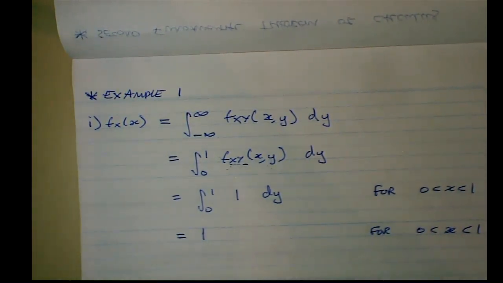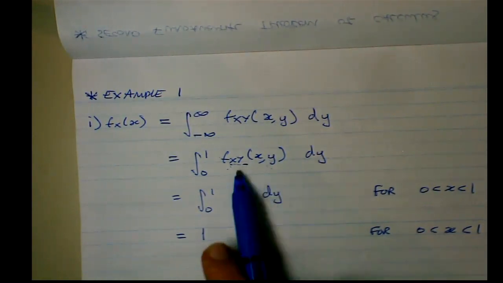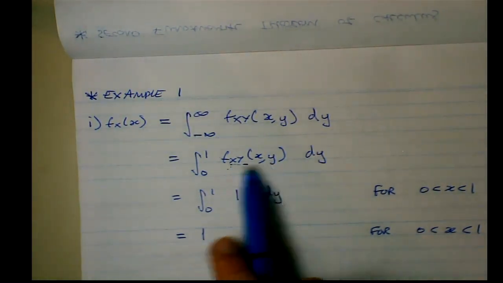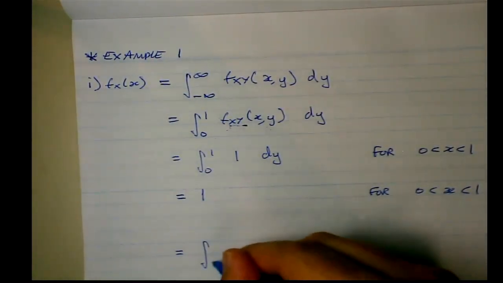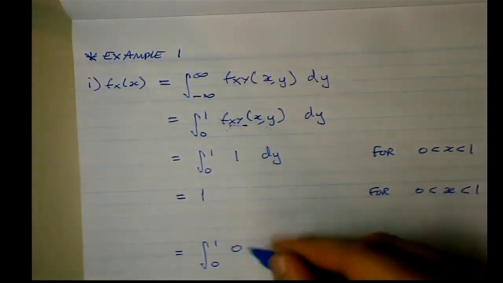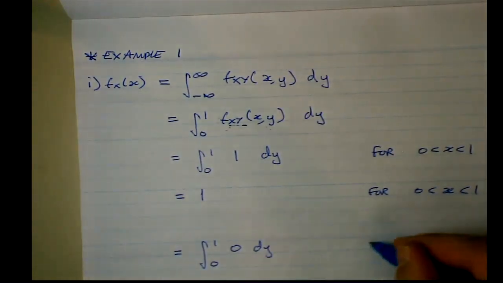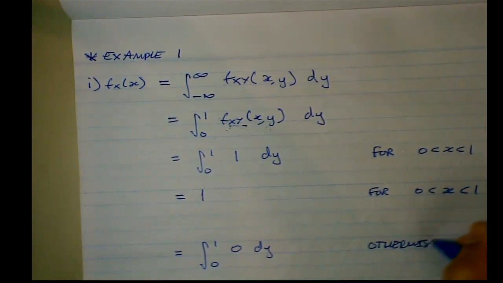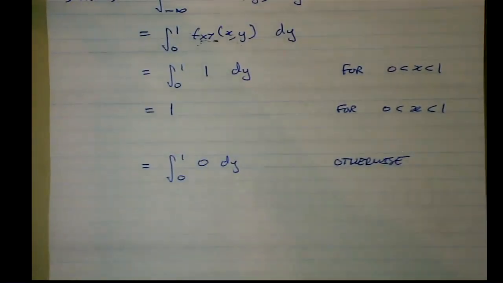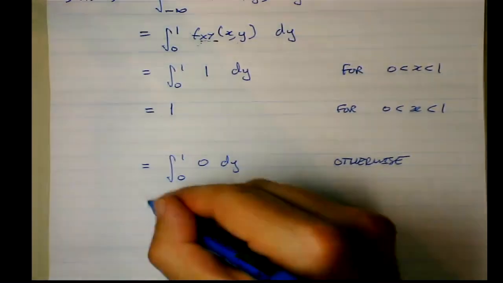What if x isn't in that bound? If x is not between 0 and 1, then this is 0. So it's the integral between 0 and 1 of 0 dy, otherwise, which is 0.